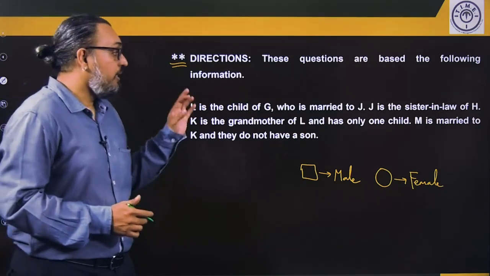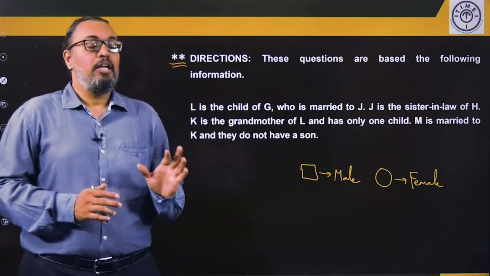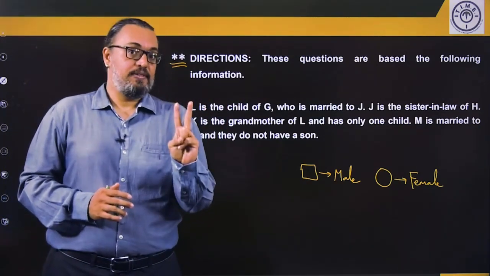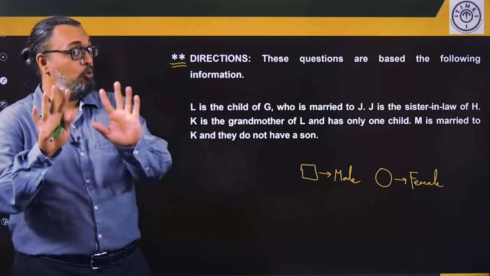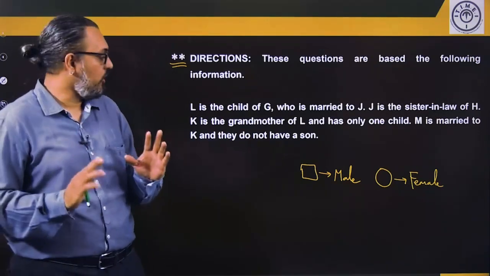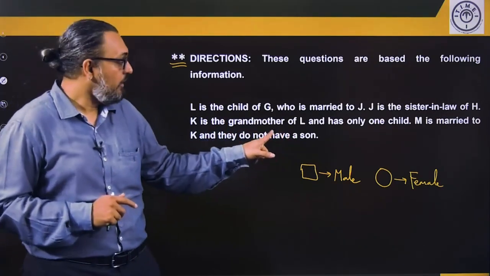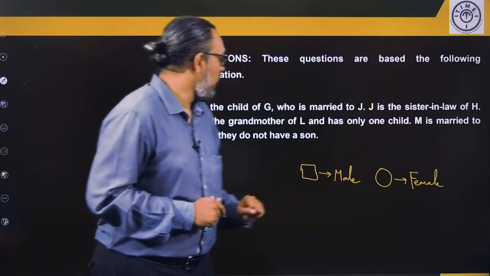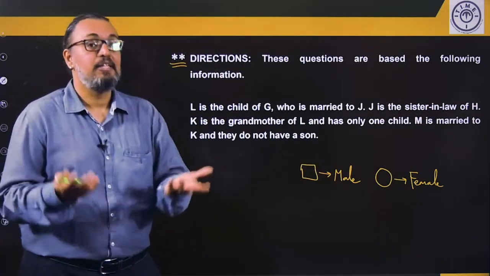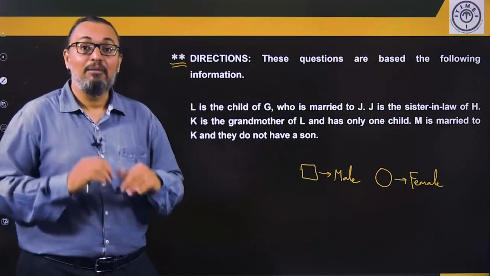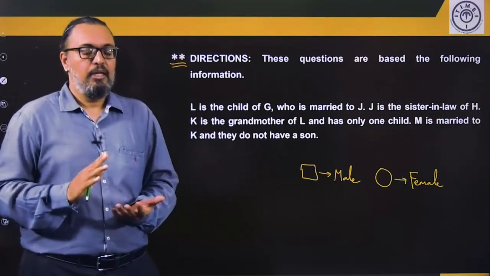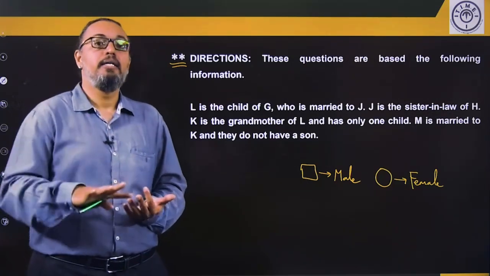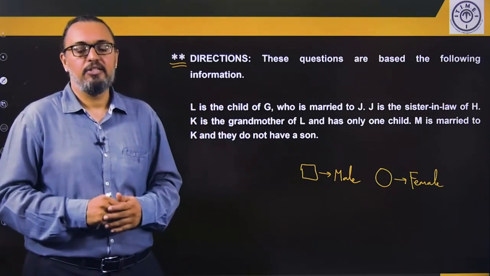Genders can be understood in two ways. One, by relations. When he says child, I don't know the relation, it could be a son or a daughter. But here we see grandmother, then we have sister-in-law. If you have sister, aunt, mother, grandmother, with relations I can identify the gender. Like father, brother, uncle, we can identify genders through relations.